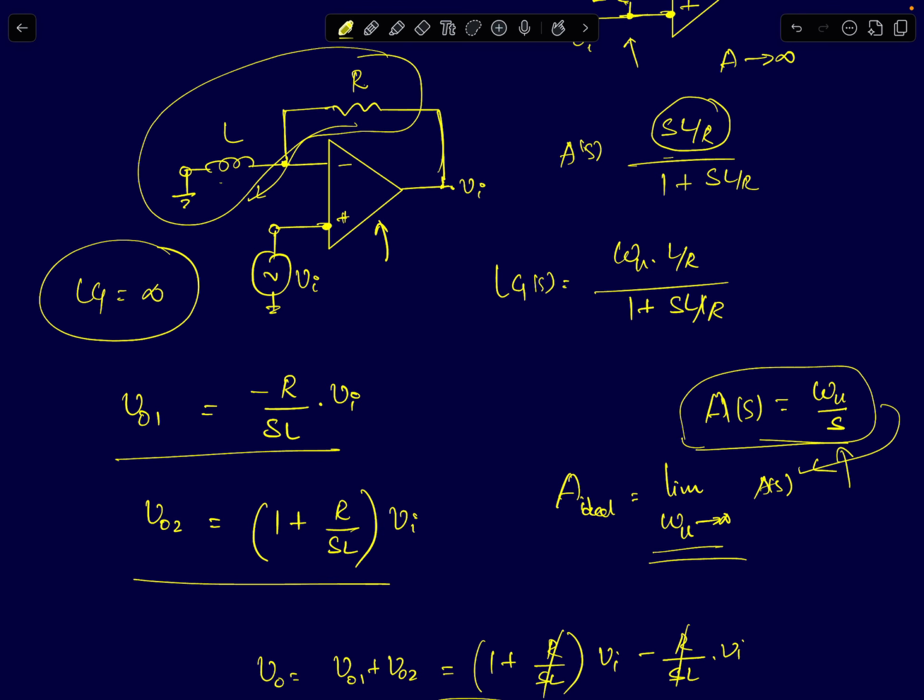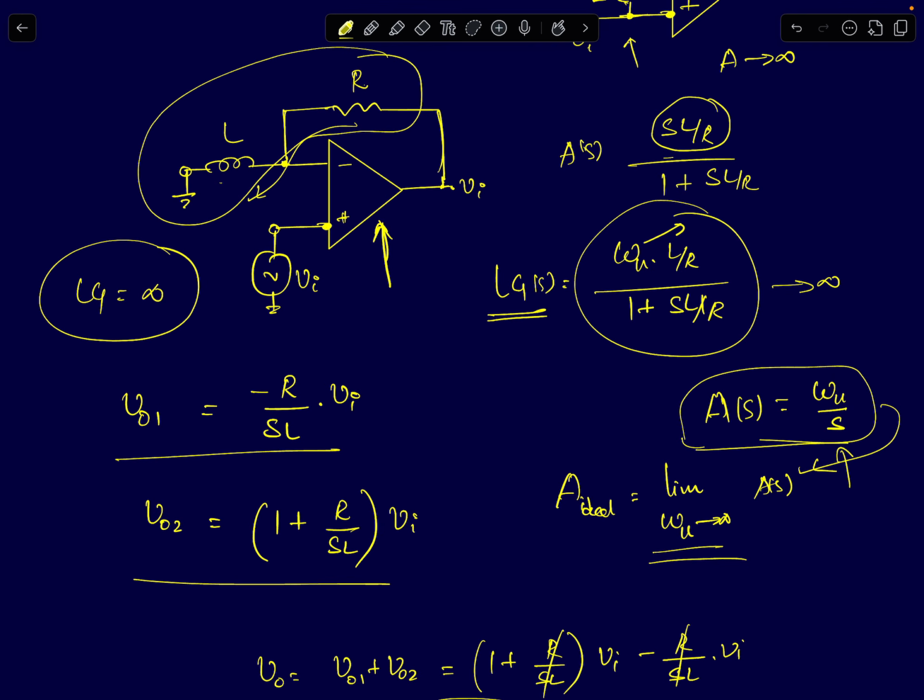Now since I assume the op-amp to be ideal, omega u tends to infinity. If omega u tends to infinity, this entire term will tend to infinity, which means your loop gain is still infinity. So that's why I meant, if I use a hypothetical model where I'm assuming the gain of this op-amp to be infinite, if you assume this op-amp to be an ideal op-amp, I can theoretically assume the loop gain is still infinity. Okay, and I'm not wrong in making that assumption.